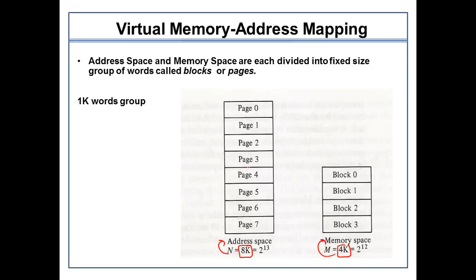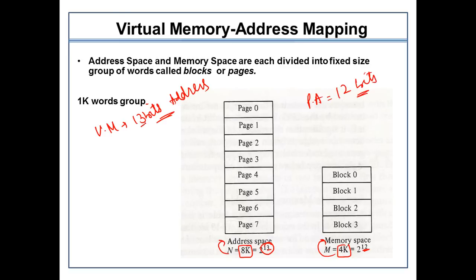So in the case of virtual memory, I need a 13-bit address, because 2 raised to 13 accommodates the total size. Similarly, in the case of main memory, I need a physical address consisting of 12 bits.